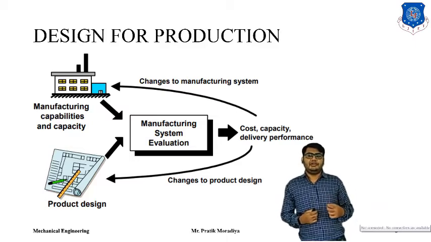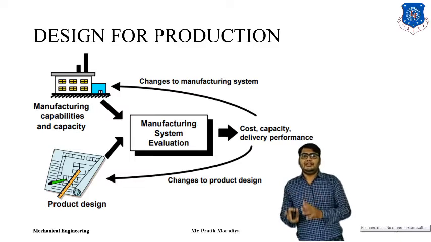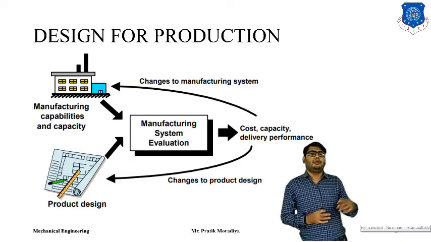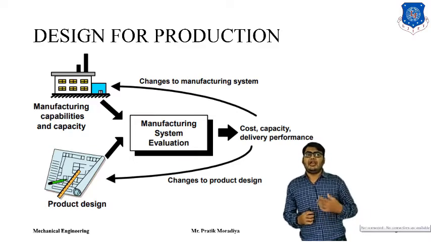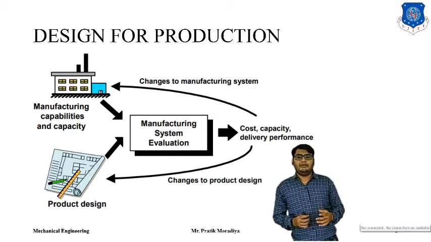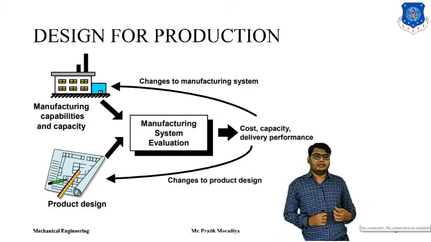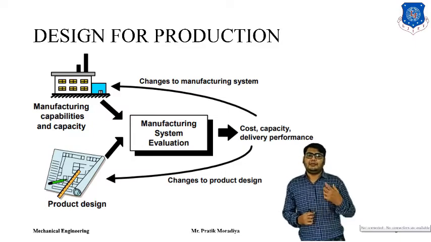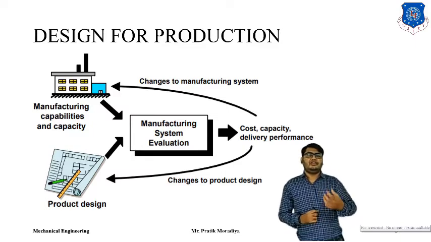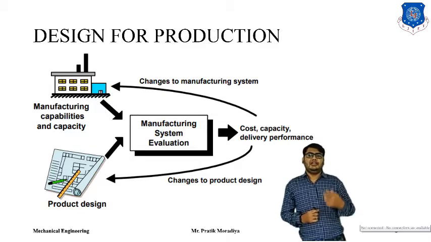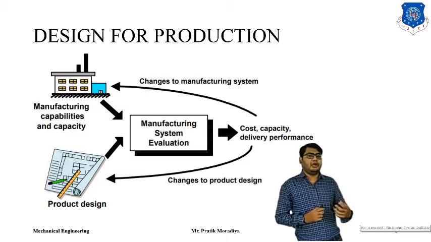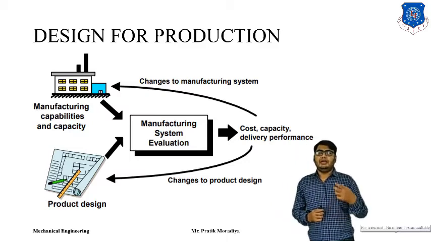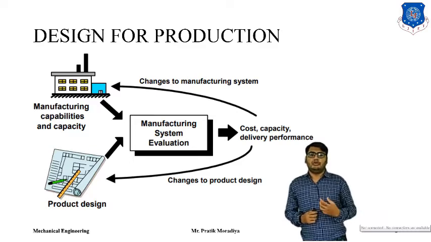All this we have to consider while we design, because ultimately what we are designing, we also have to produce, and to make that manufacturing happen, we need to have enough resources with us. So basically, design for production is considering the resource requirements that we need to produce the desired design, to produce the product with the given or expected production volume.